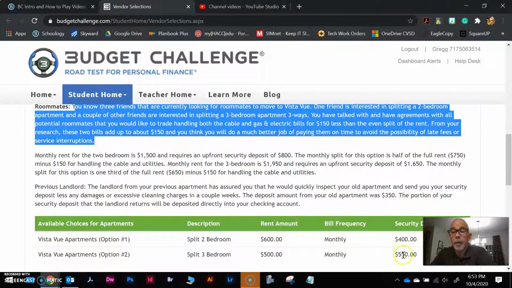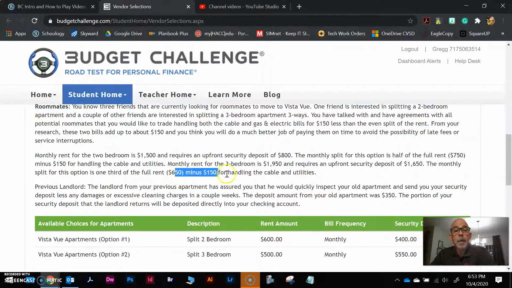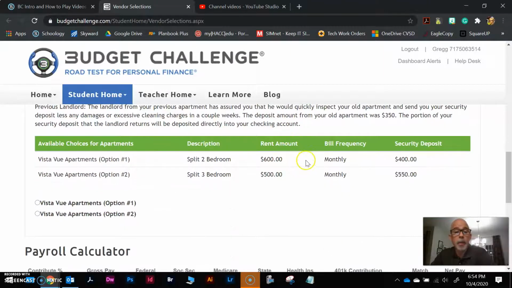So that's why that $550 is higher. But you only pay that once. So when you're looking at this, maybe in real life the 3-bedroom would be better. The utilities look like they will be a little bit less for a 3-bedroom because you're sharing it between 3 people. Okay, that would be the only other option.